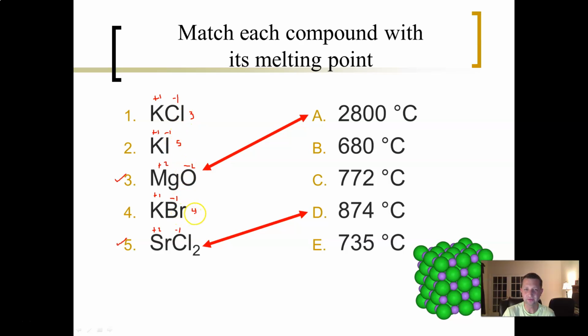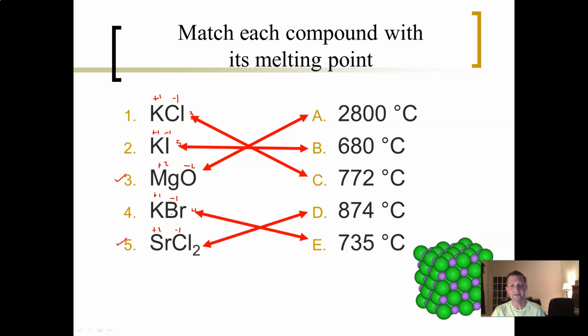Potassium bromide, 4th level. So KCl is the next highest lattice energy because of the stronger attraction between the two. K gets closer to Cl than it does with KI or KBr. So we're going to have 772 for KCl. Then KBr is the next highest, 735. And then finally 680 for the last one.